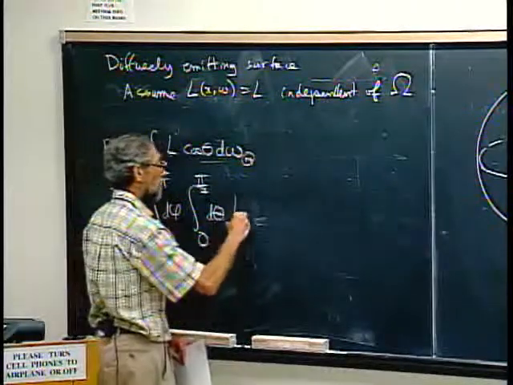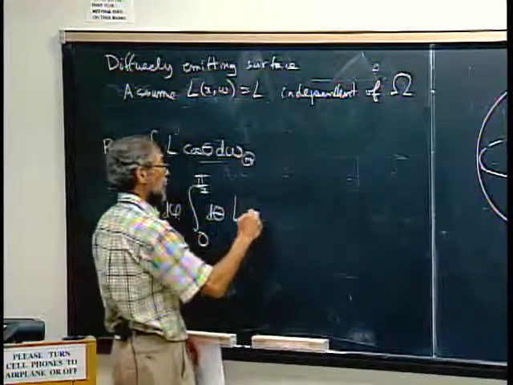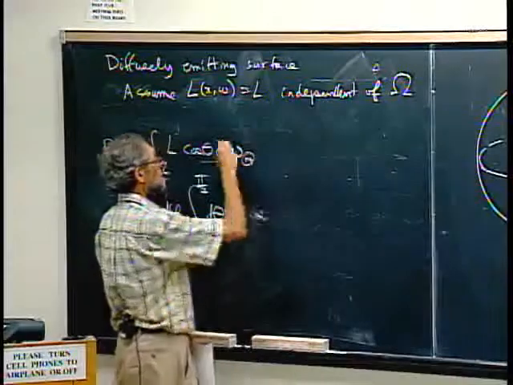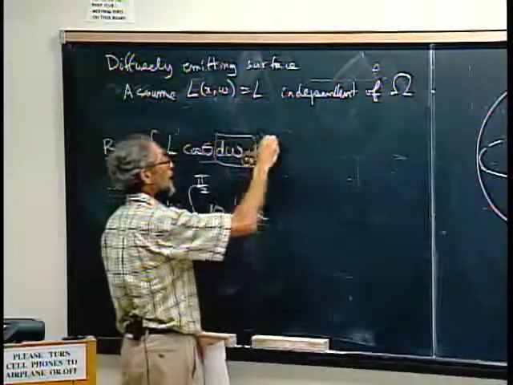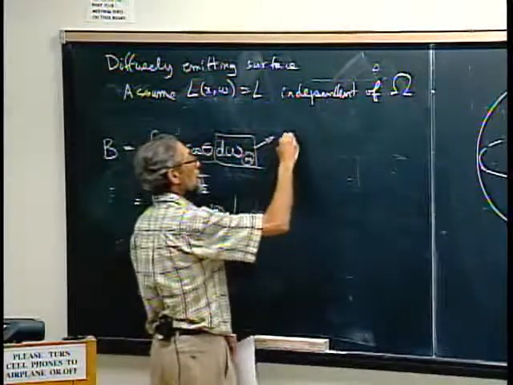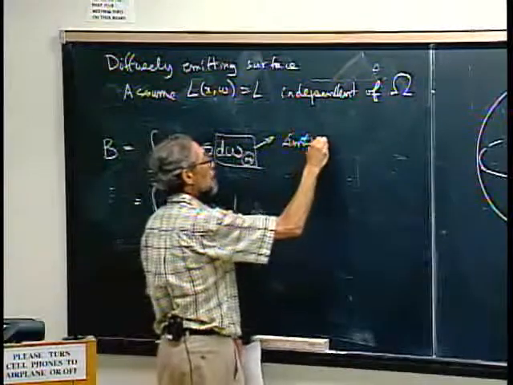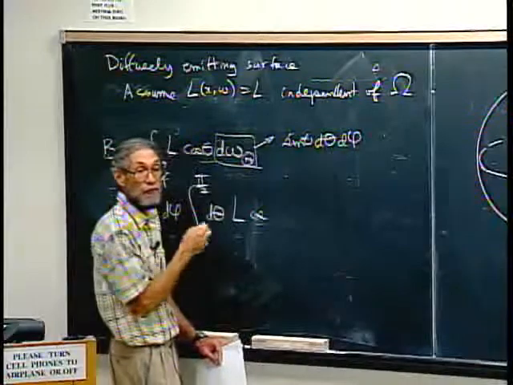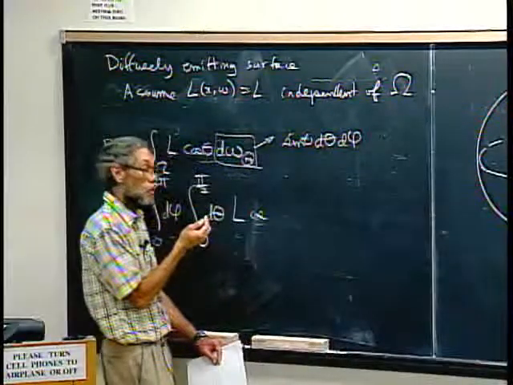of L times cosine. Right, this is basically what I'm saying: this d omega is going to be sine theta d theta d phi. That's what I had on the other board for solid angle measured in spherical coordinates.